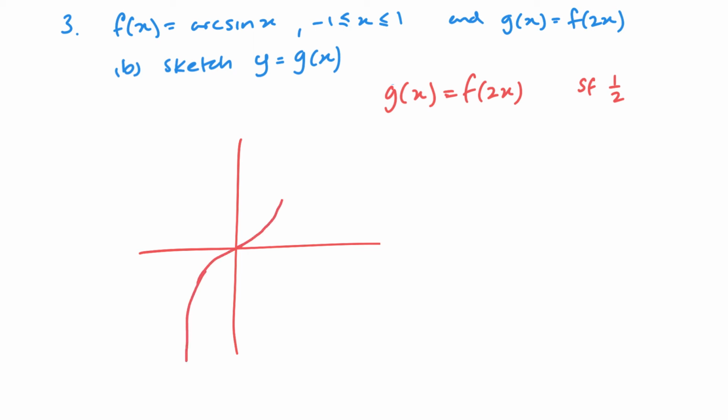Same kind of shape, maybe a little bit steeper, because this time it is between 1/2 and minus 1/2. Still between pi by 2 and minus pi by 2. And there we have our quick graph done.